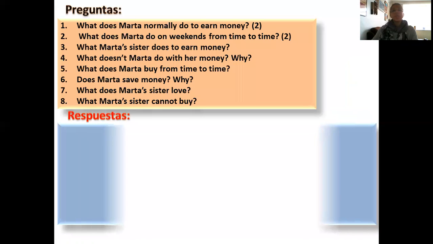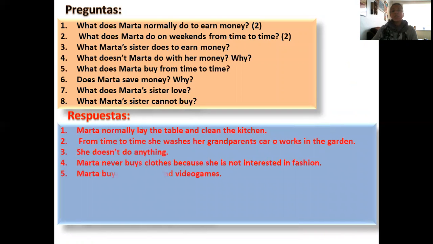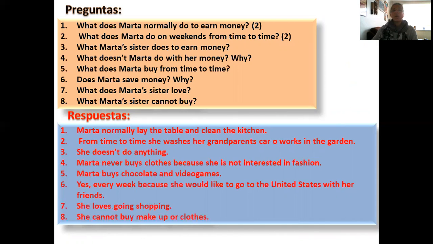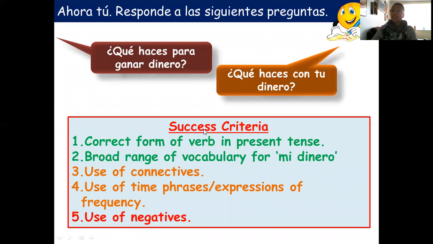Okay? So you are going to answer those questions, and you are going to be looking at the success criteria. So using the correct form of the verb in the present tense. So using the I form and the third person of the present tense. I would like to read a broad range of vocabulary about mi dinero. Okay, so you have learned quite a broad range of vocabulary.